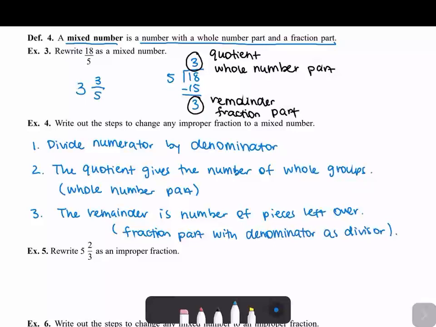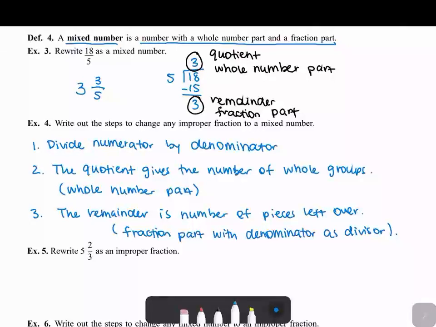Right, so the thing that we divide by, the divisor, is going to stay as the denominator, right? So the denominator started as 5 and it's going to stay as 5. So the denominator is that divisor, that number that we divided by.